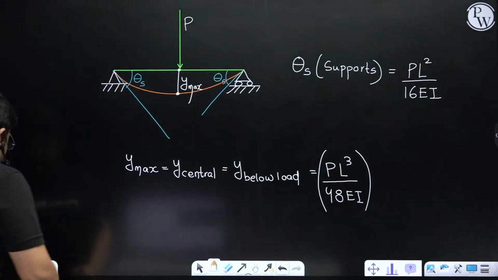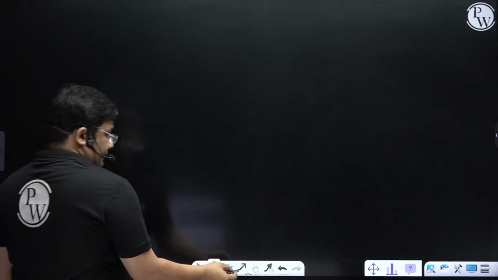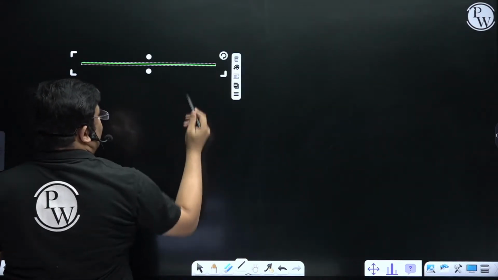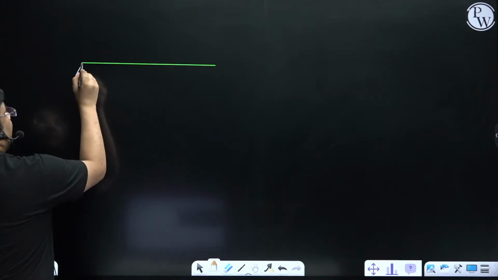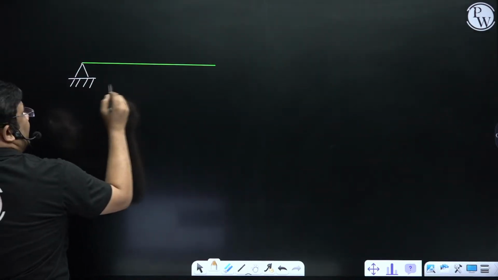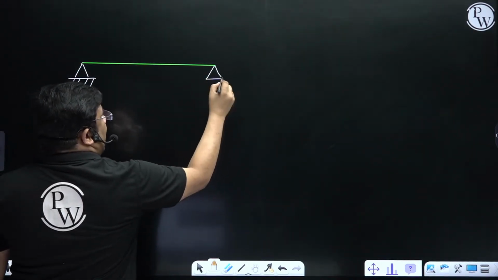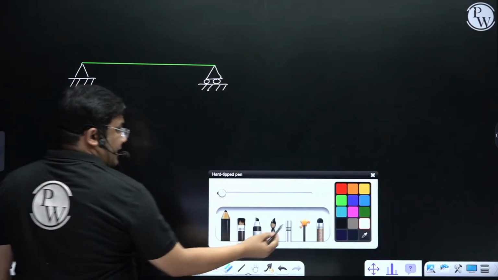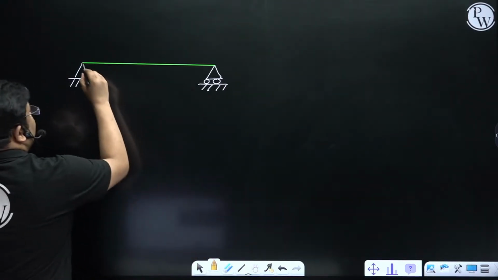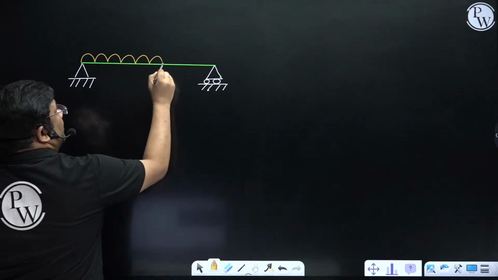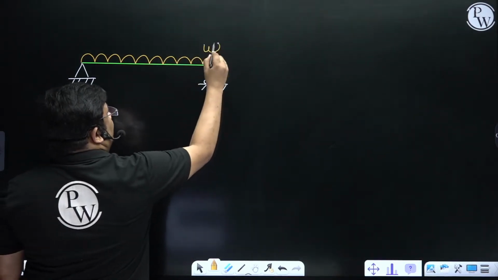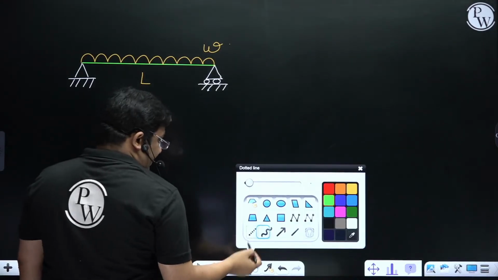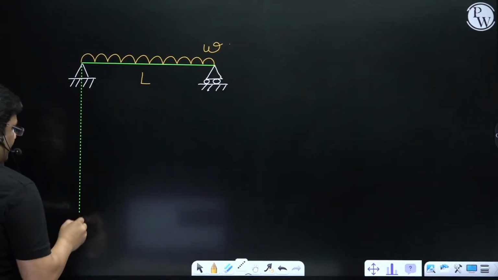Let us see the next type of beam, that is UDL. So if we have a simply supported beam like this, and there is a uniformly distributed load, W suppose, and length is L. Now we know the bending moment diagram, but I will still draw it for you.